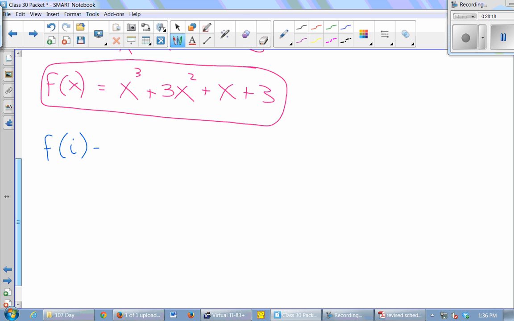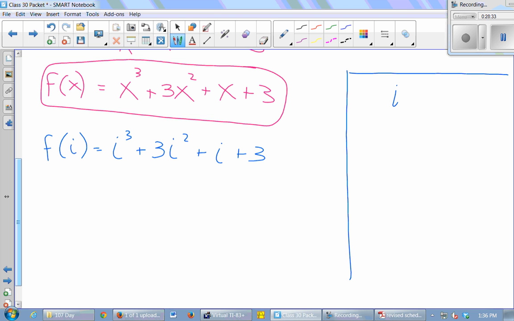f of i would be i cubed plus 3i squared plus i plus 3. Okay, so i cubed, anybody remember how to simplify i cubed?